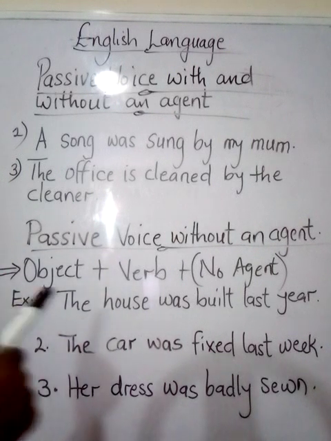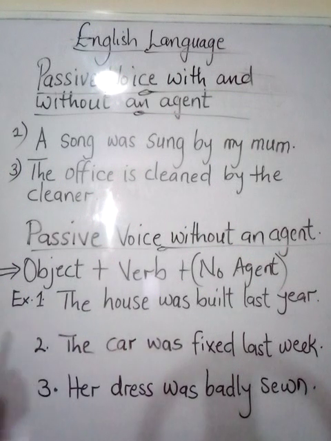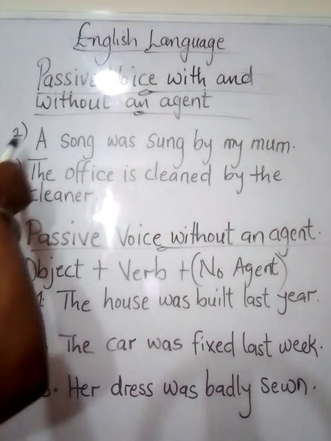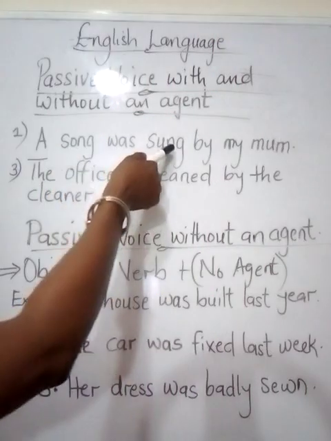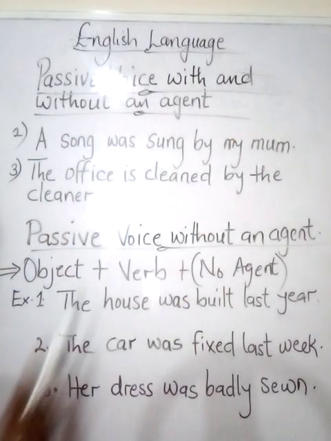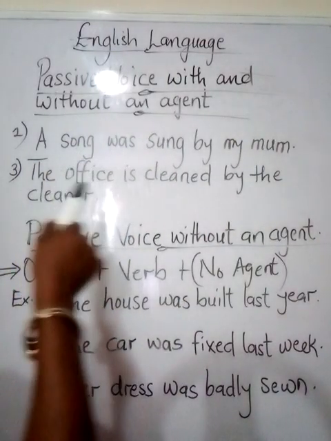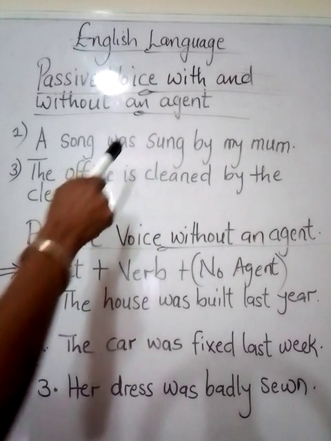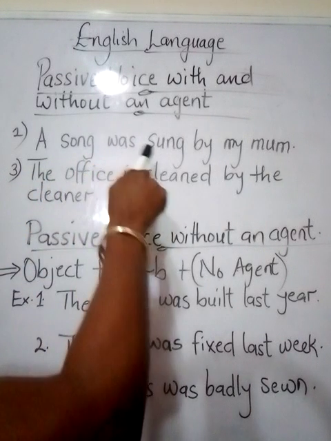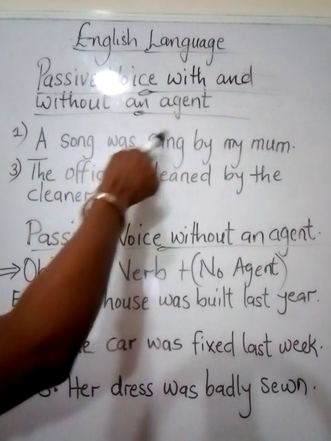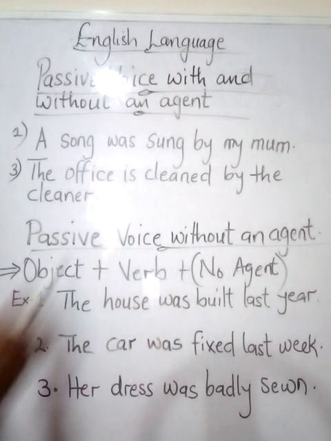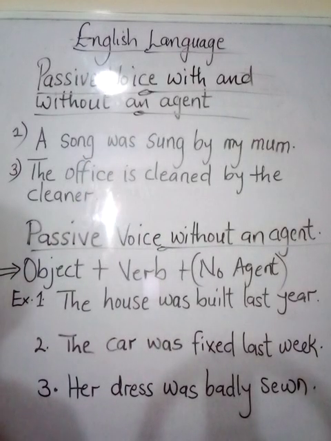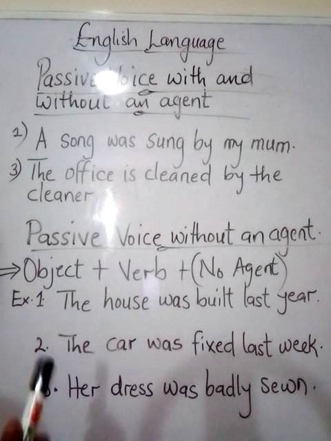But here, such a sentence in the passive voice would read as, a song was sung by my mom. Please take note of the past participle of sing, okay? Sometimes people use the past tense here instead of the past participle. Past tense of sing is sang, S-A-N-G, okay? You say, my mom sang a song yesterday.